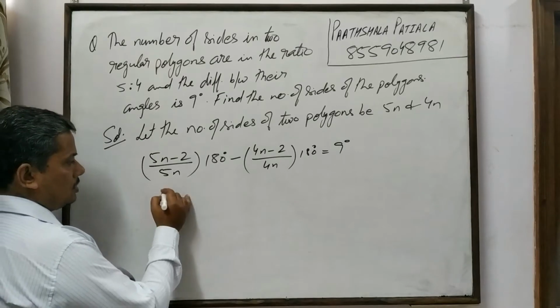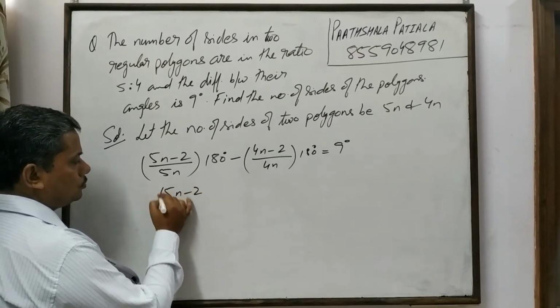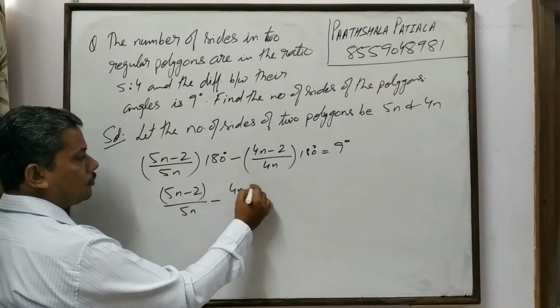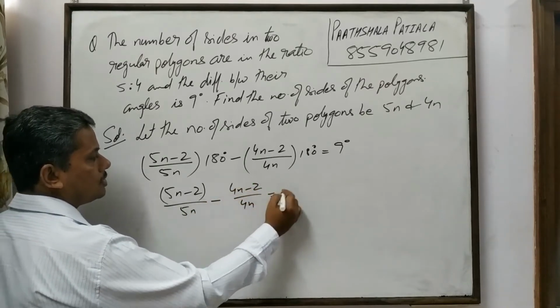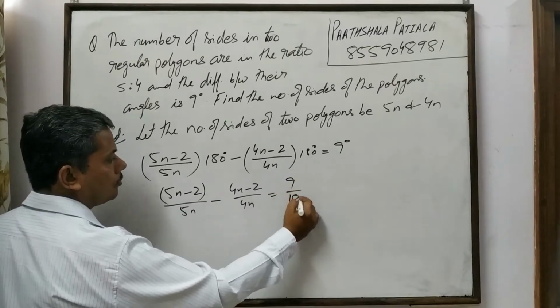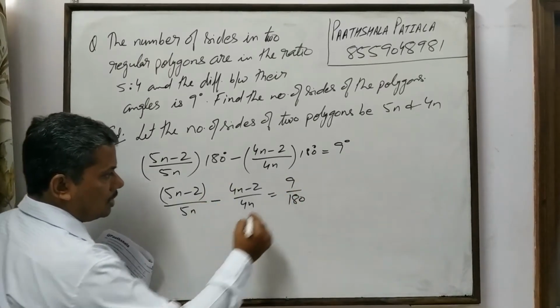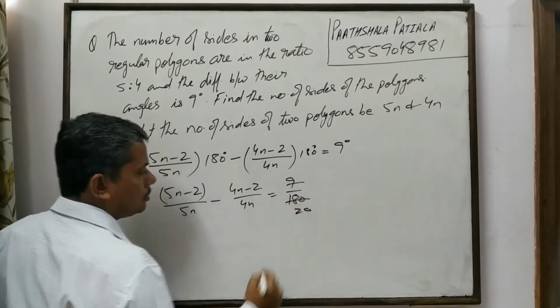Or this is (5n minus 2) upon 5n minus (4n minus 2) upon 4n is equal to 9 upon 180. So that will be 1 upon 20.